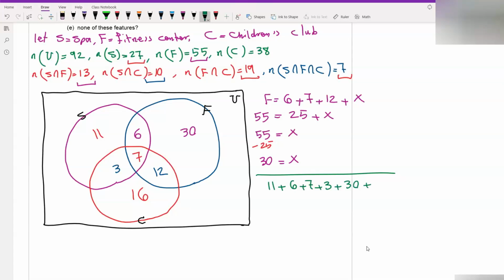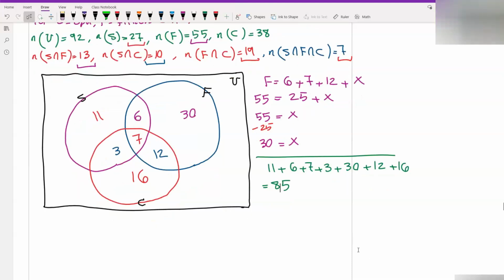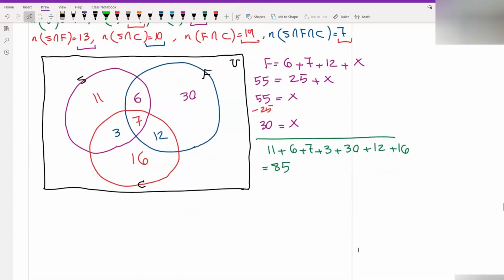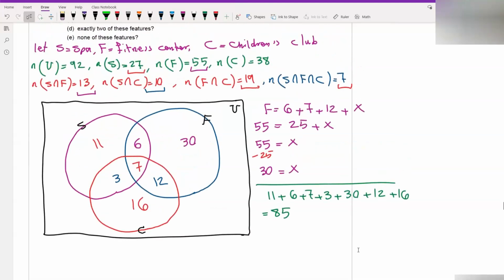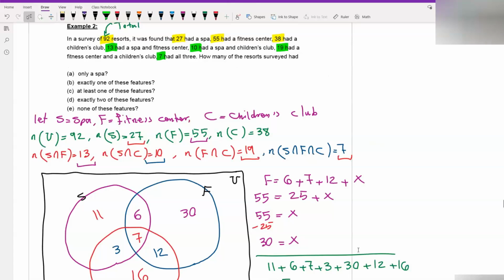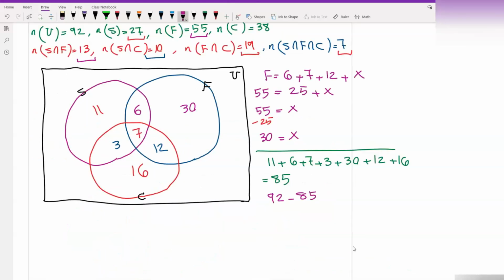Plus 30, plus 12, plus 16. Here we have the total members inside these 3 sets. We have to subtract that from what we had in total, 92. So 92 minus 85 is equal to 7. This number is what we have outside these 3 sets, so everything except S, F, and C.